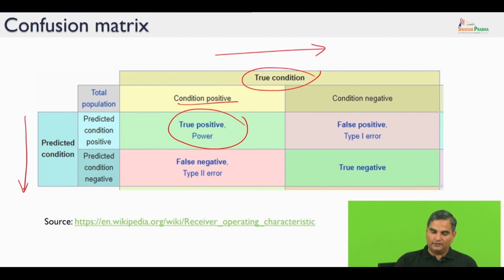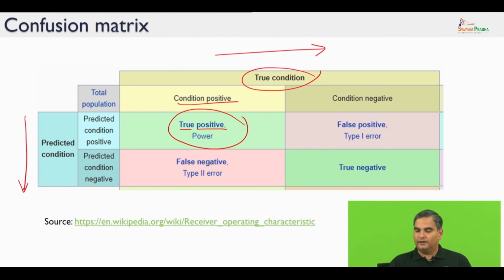Notice something important: this second word, positive, actually relates to the prediction, and the first word refers to the truth or non-truth of the prediction. So if you say true positive, it has information about both the prediction and the actual condition, because if I say it is a positive prediction and that is true, then the actual condition should have also been positive.